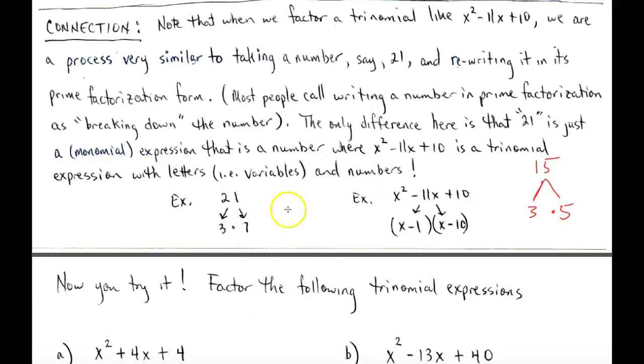So again, I'm trying to make sure that we understand that when we do this whole process of breaking down a number, or the proper way to say it is factoring a natural number into its unique prime factorization, we're doing the same kind of thing here with trinomial expressions, okay?